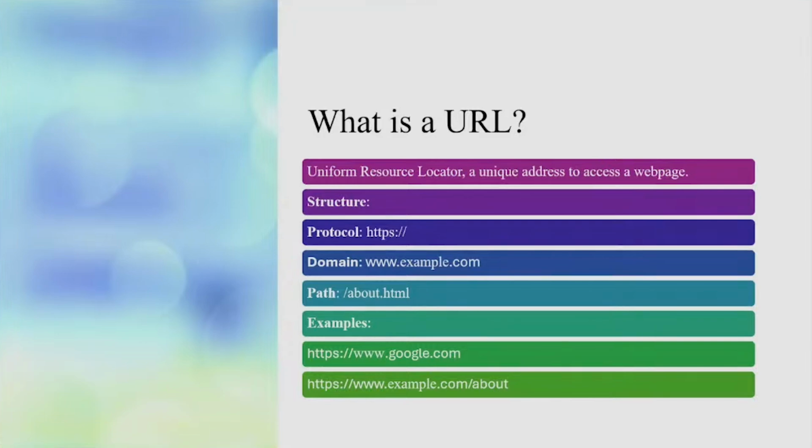We need to provide HTTP or HTTPS, colon, slash slash, and specify the website address. If that particular resource is available at the server, it will return that resource to the user. You are accessing from the web browser, and to that web browser it will give the resource.